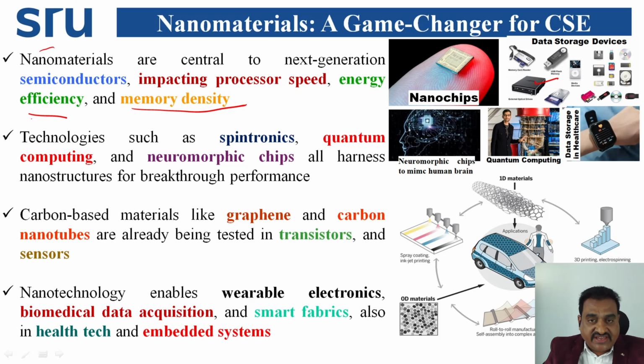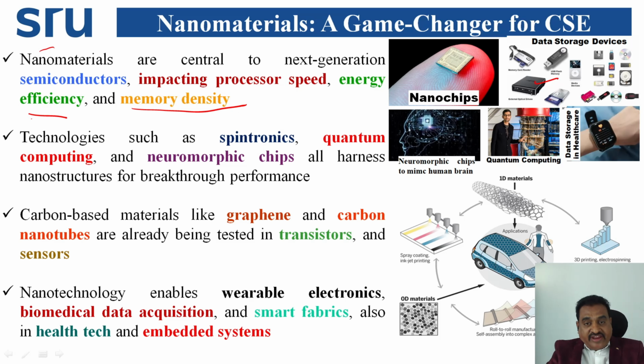Technologies such as spintronics, quantum computing, and neuromorphic chips all harness nanostructures for breakthrough performance. Technologies like graphene transistors, quantum dots, spintronics, and neuromorphic chips rely on nanomaterials. These innovations aim to mimic the human brain and revolutionize data processing.